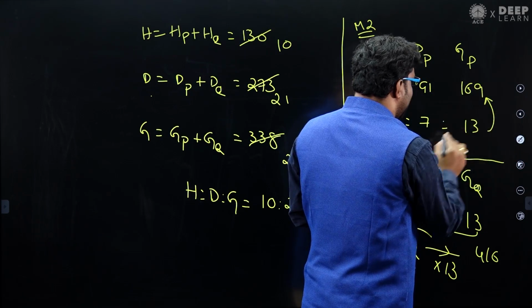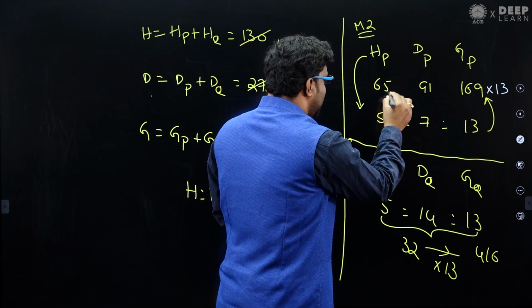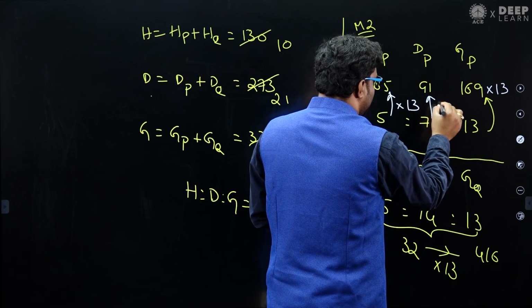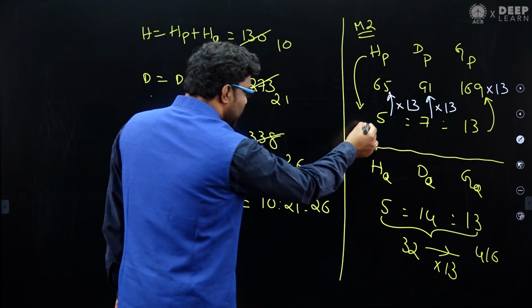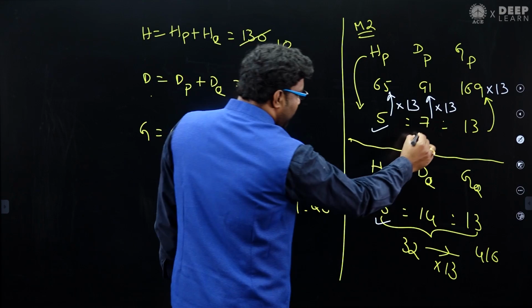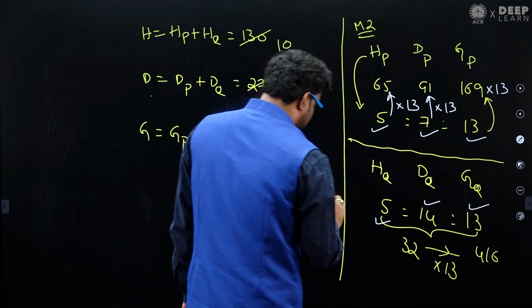As 13 is the factor for this, you can add it directly. So add this 5 plus 5, you will get 10, 7 plus 14, 21, 13 plus 13, 26.